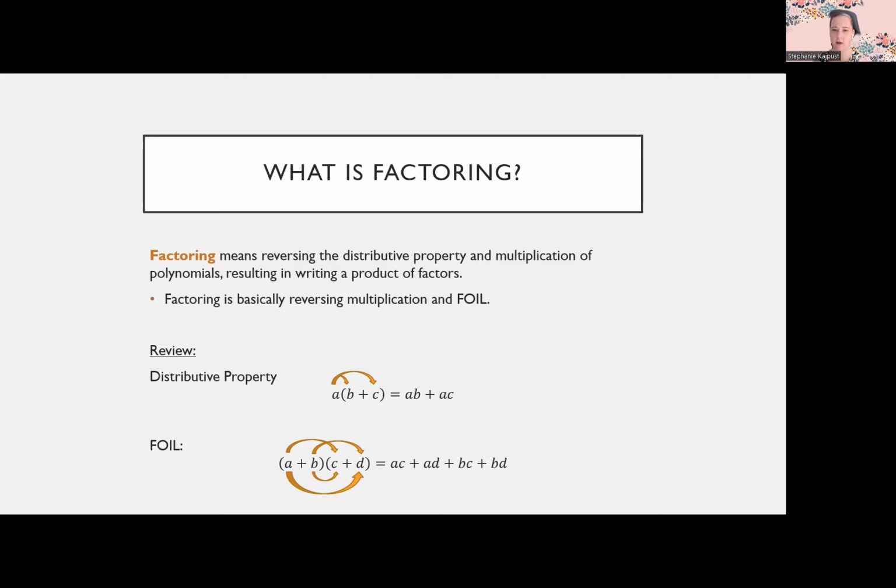You have things that are already multiplied, and you're pulling out what's common and putting it in front. When we're factoring out the greatest common factor, we are specifically only reversing the distributive property. So we're pulling one thing out and putting it in front.